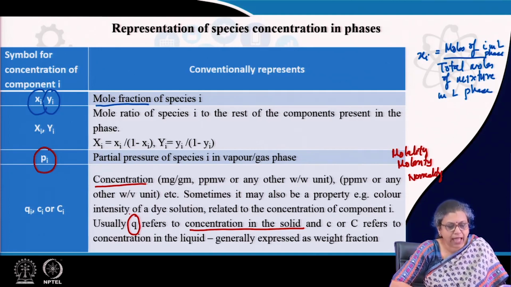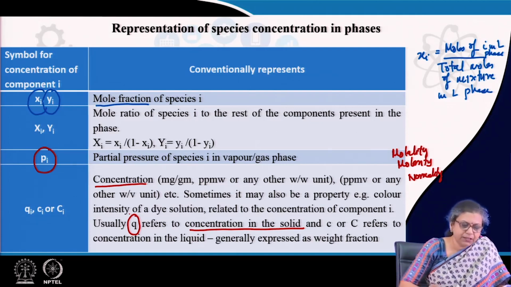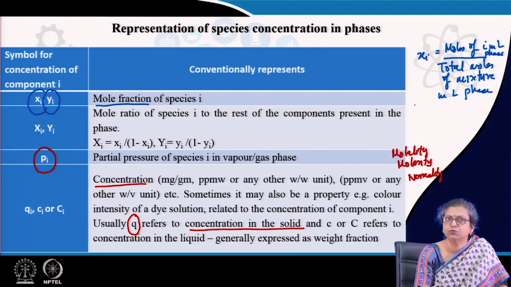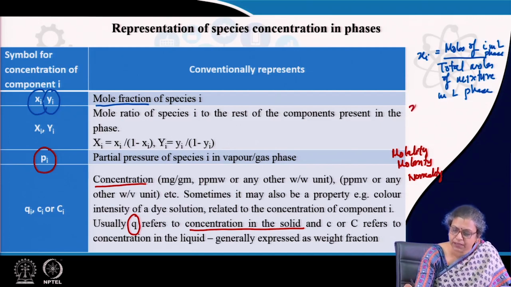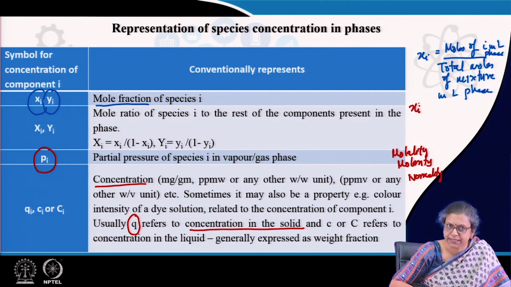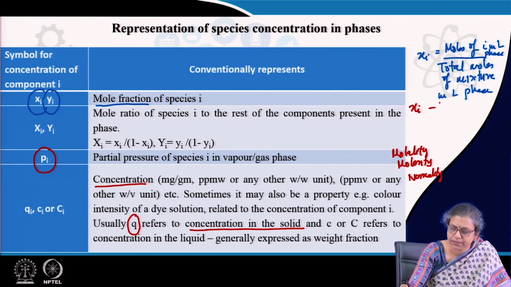So, what I would like to conclude is, when we will be dealing with liquid phase compositions, if we are referring to the mole fractions, then generally in the liquid phase the composition is expressed by Xi, and the composition in the gas phase or the vapor phase is expressed in terms of Yi.